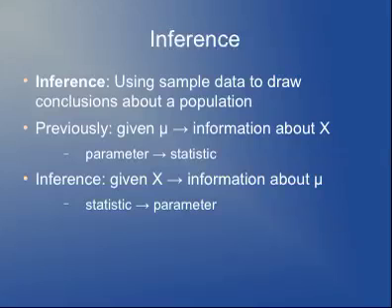Recall the definition of statistical inference. The idea is you're using sample data to draw conclusions about a population. On Wednesday we discussed the scenario that given a population mean, we try to make inferences about the sample mean, or in other words, given a population parameter, we're trying to make inferences about a sample statistic.